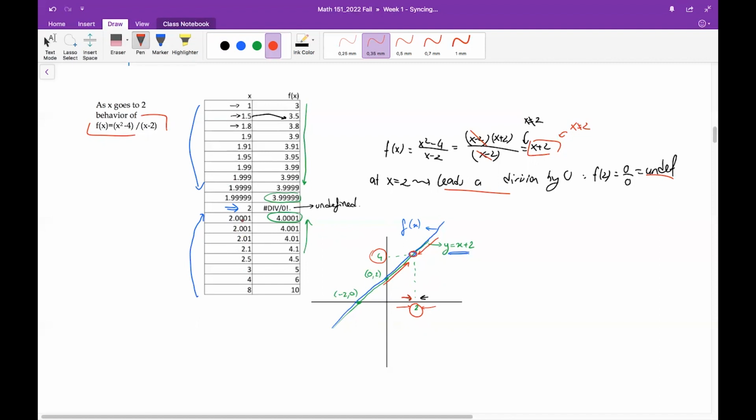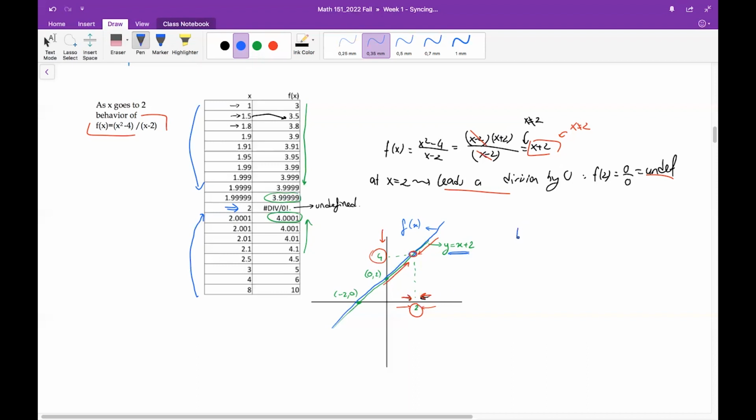All the values of x and the evaluated values of your function are given in this table. So if you are approaching from this direction, the values of your function approach 4, like here. So this picture tells you that the values of your function f of x approach the value 4 when the values of x approach 2 from both directions.